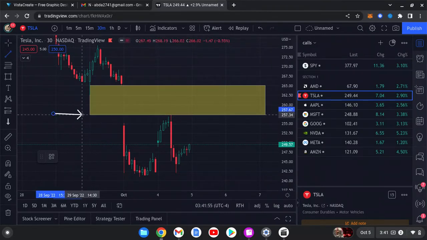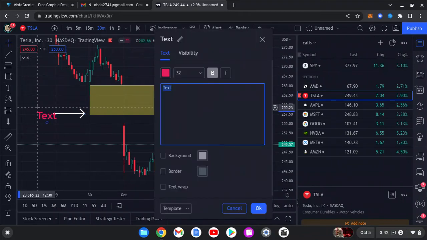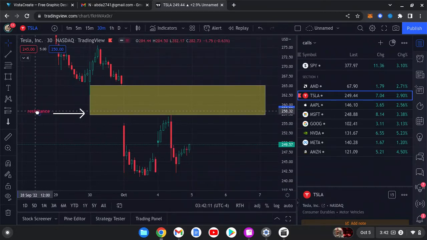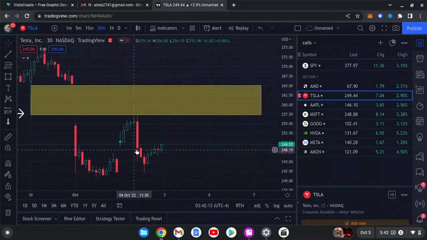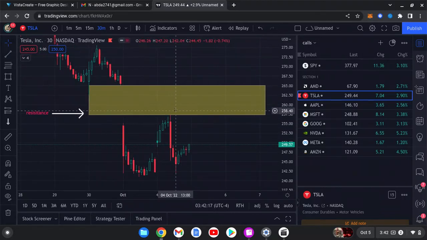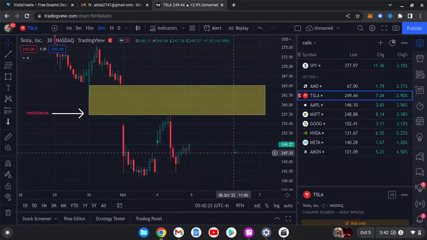So right about there, we can consider that resistance, just until this is broken. Once it starts breaking through here, then it'll try to fill the gap. But until then, that's a possible resistance area.